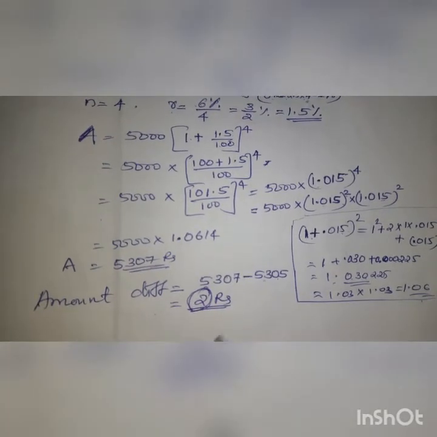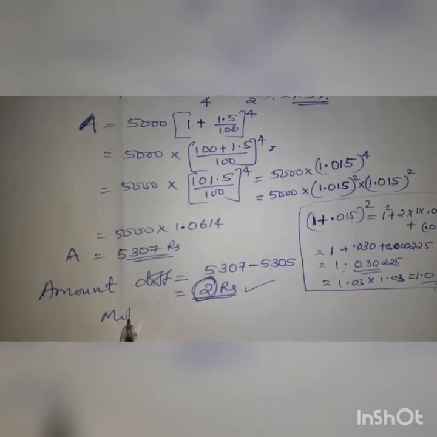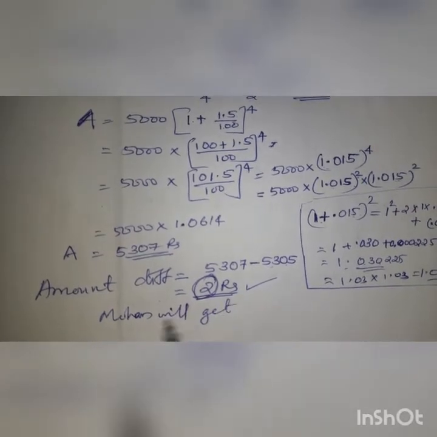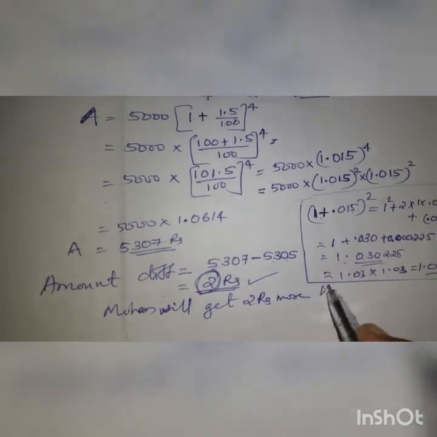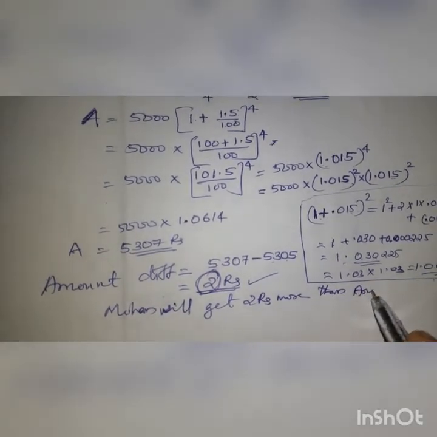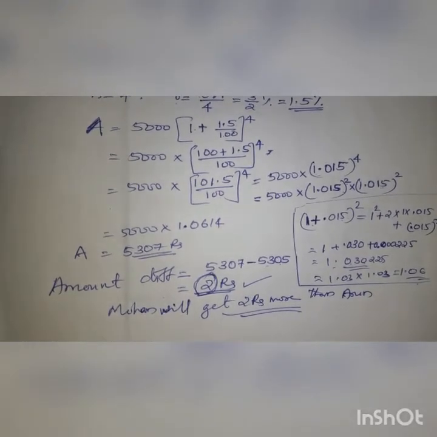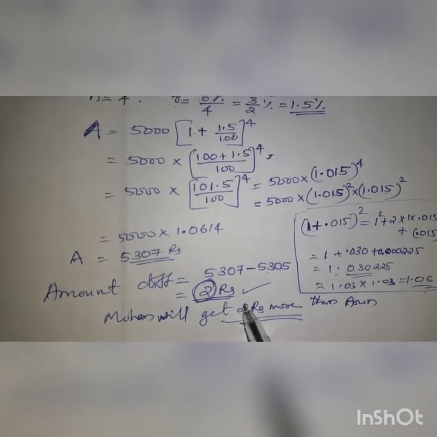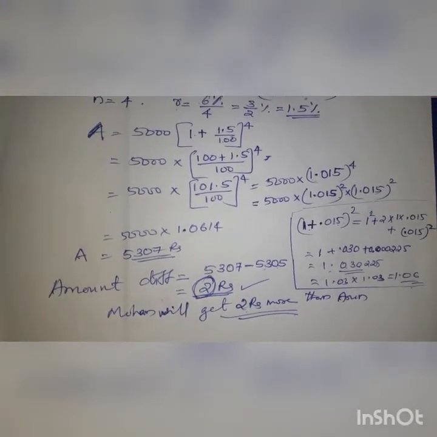That is 2 rupees. Mohan will get 2 rupees more than Arun. That is the final answer. So the difference is because of the calculation of the interest half yearly and quarterly. Remember that one.